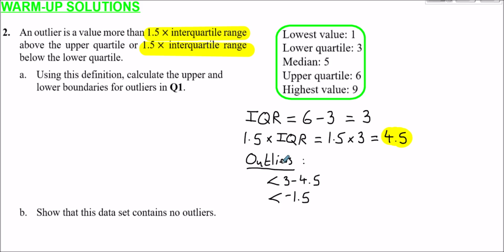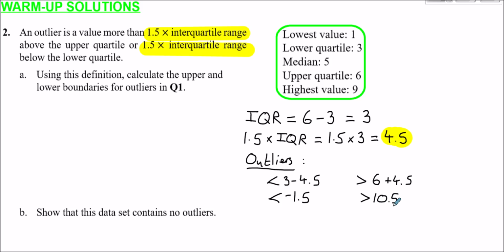On the other hand, on the higher end, an outlier would have to be larger than the upper quartile, which is 6, plus 1.5 multiplied by the interquartile range. So 6 plus 4.5, in other words, it'd have to be bigger than 10.5.